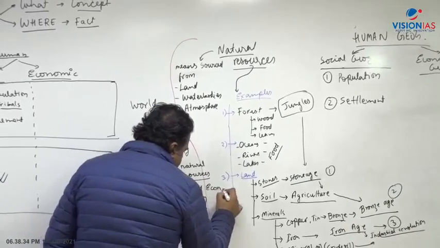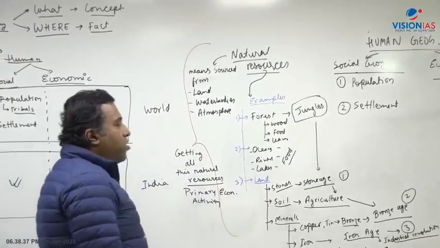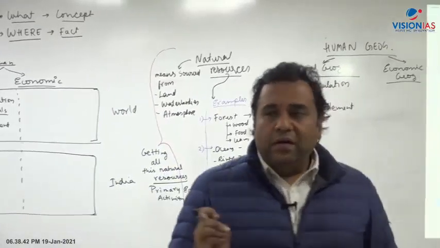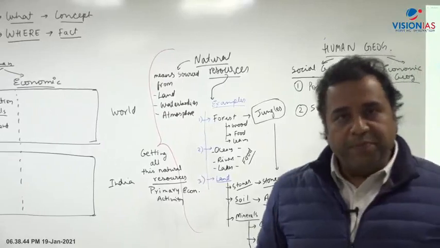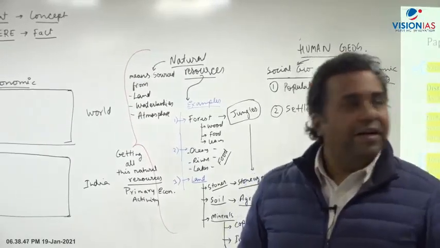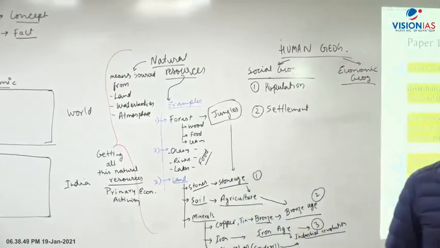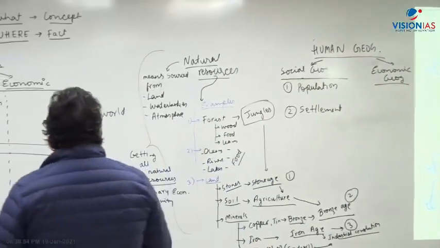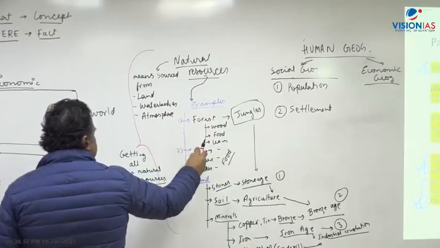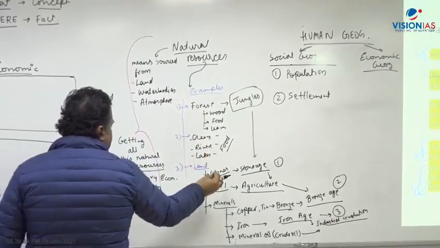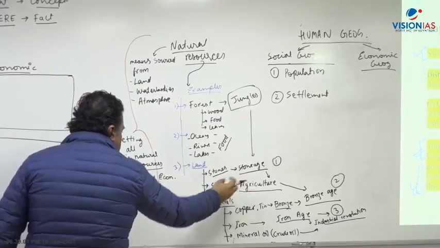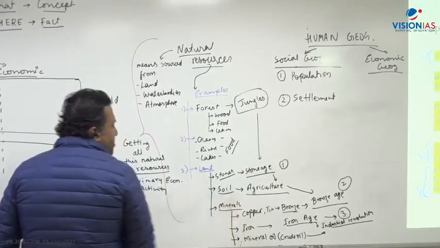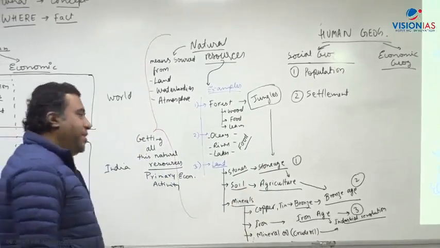Getting things from forest, ocean, rivers, lakes, collecting stones, getting things from soil, which means growing agriculture, getting minerals. All these are called primary economic activity.